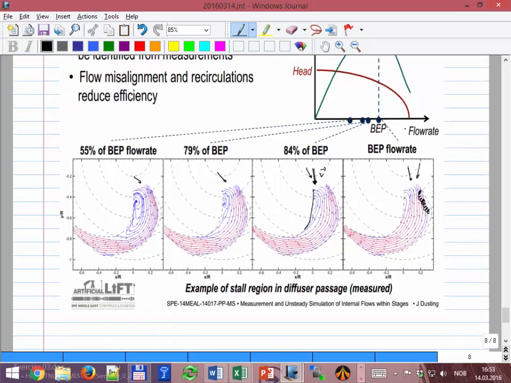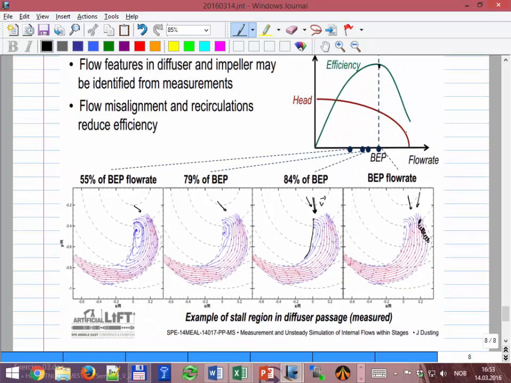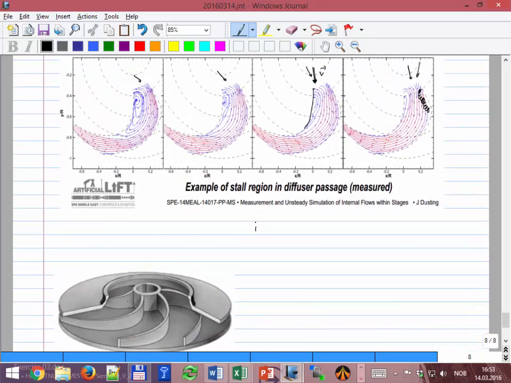Let's put it here: best efficiency point when the flow is aligned with the vein angle, and that happens only at one unique flow rate.